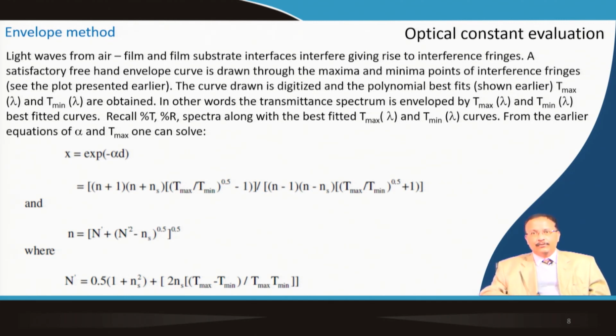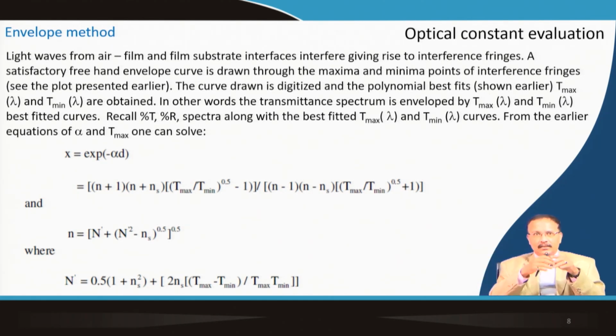So, then we will draw satisfactorily a line which passes through the maxima as well as the minima points. If you remember the first slide, it is a hand-drawn kind of envelope which covers the maxima and minima.